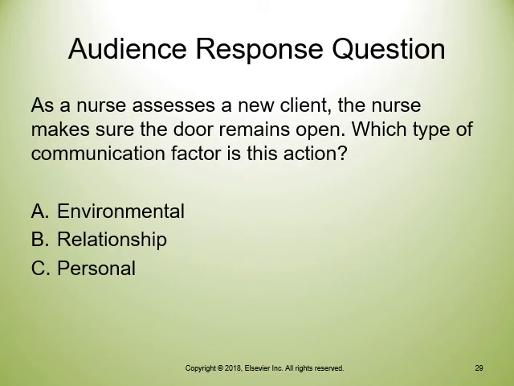So here's a question. As a nurse assesses a new client, the nurse makes sure that the door remains open. Which type of communication factor is this? Is it environmental, relationship, or personal? This would be considered environmental.